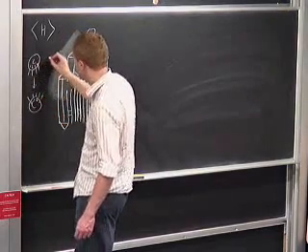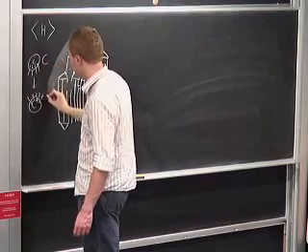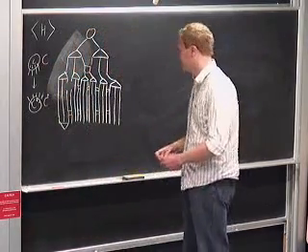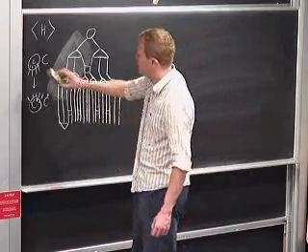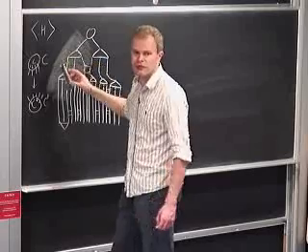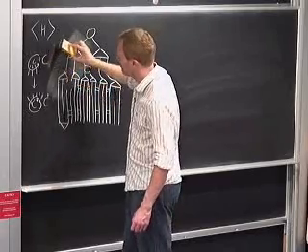So if this is C, then this is C dagger, where the reversing of the order of the tensors in the diagrammatic notation is equivalent to transpose for matrices.